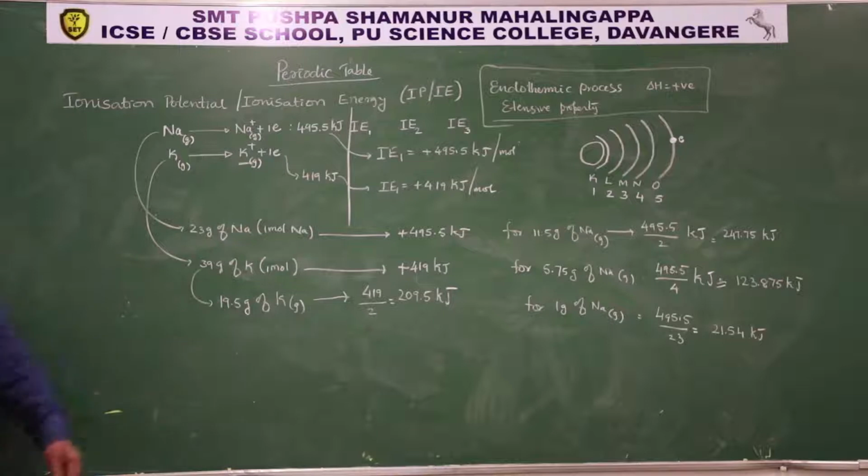So that is the quantity of the energy required to remove an electron from 19.5 gram of the potassium. In your entrance exam, they may give various questions like this, but you should know that the quantity is for 1 mole of the substance.